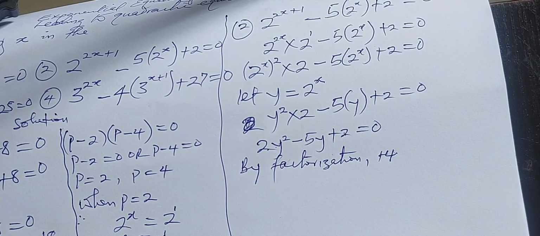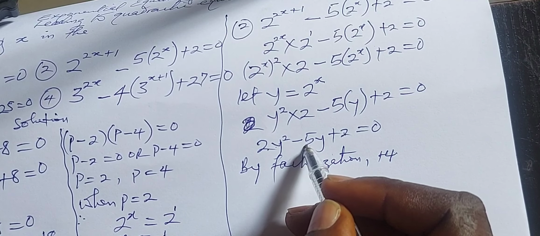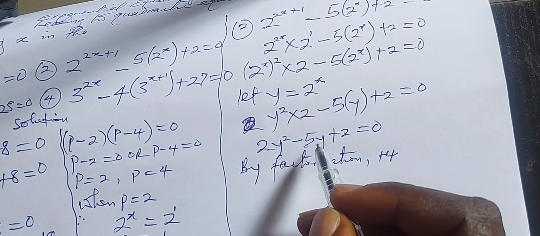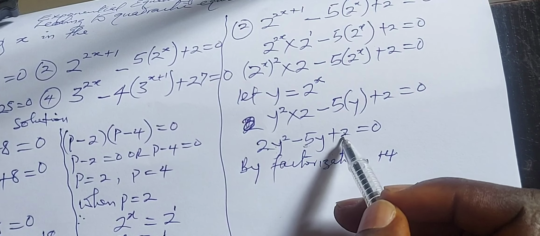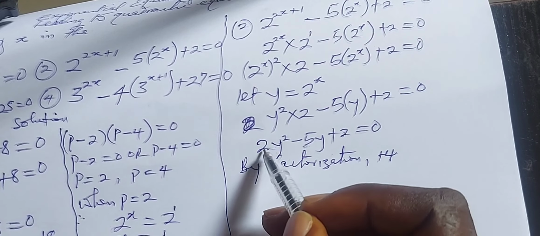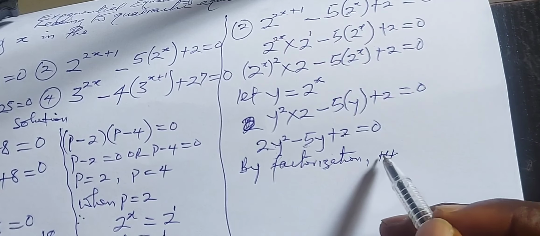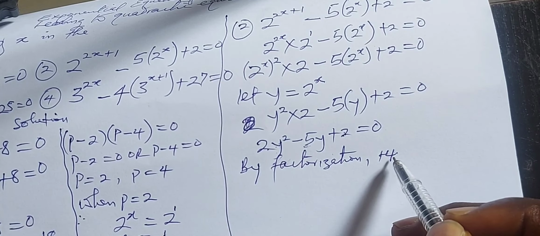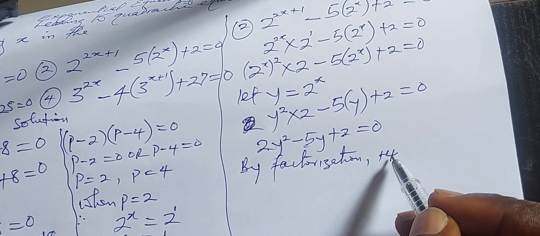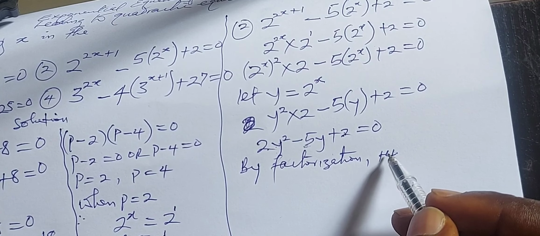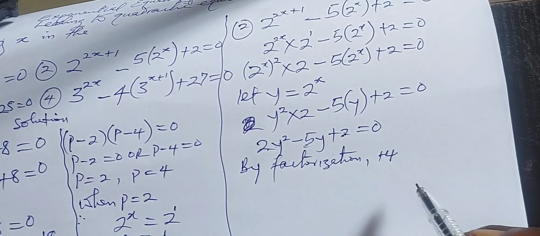So you look for the 2 factors of 4 that you will multiply and get 4, then when you add them, you will have minus 5. Note this particular place. Find the factors. First of all, you multiply the coefficient of y squared by the last number. The coefficient of y squared here is 2. 2 times 2 is plus 4. You understand? Therefore, what are the factors of 4 that when you add them, you will have minus 5?